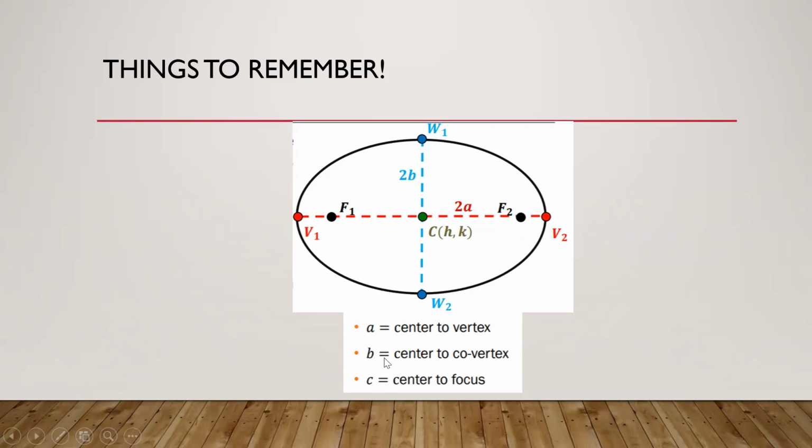Next, B is the distance from the center to the co-vertex. So this is B, and this is also B. Then for our C, it is the distance from the center to a focus. So from here to here, that's our C.